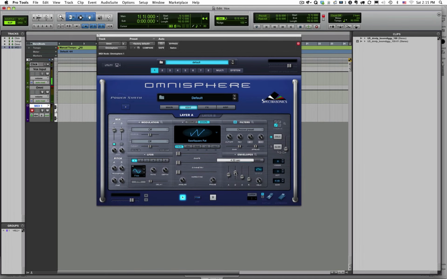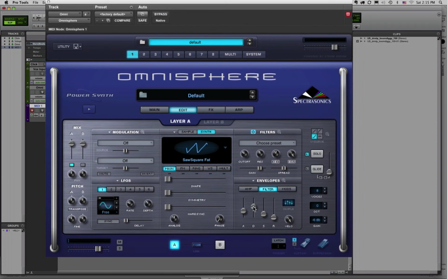So I could take the same thing now, apply some decay. So you can see the filter is gradually opening, gradually decaying to its sustain level, and then I'm going to give it a little bit of release, so it takes about a half a second after it's released. Sustain level, and then release.